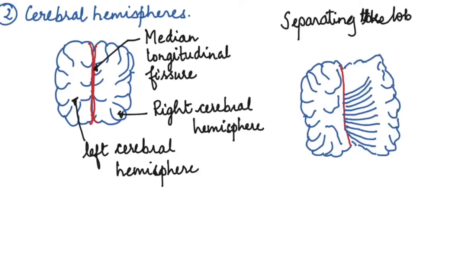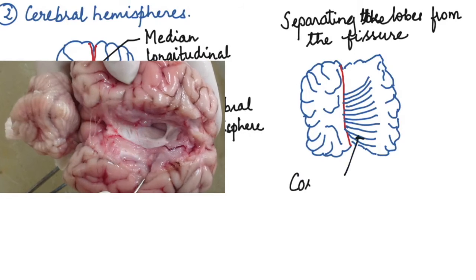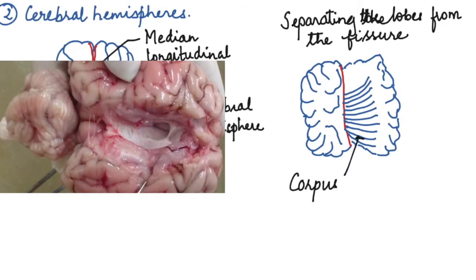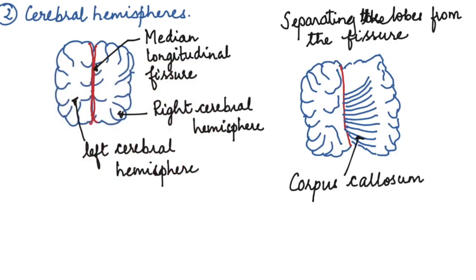Now let us try and separate out the cerebrum from the longitudinal fissure. If we separate them out, internally we are able to see a band of nerve fibers. This is a thick band of nerve fibers which are coming from the cerebral cortex region.